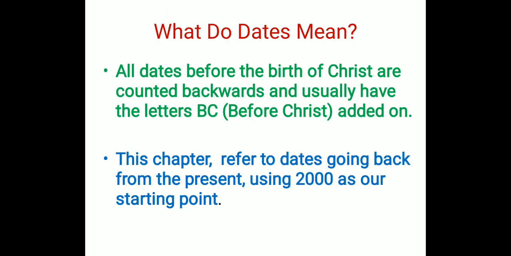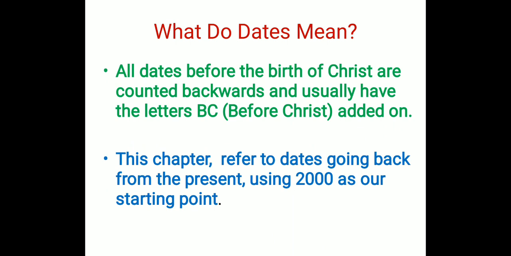All dates before the birth of Christ are counted backward and usually have the letters BC. So all those dates which are counted before the birth of Christ, when there was no Christ born, are counted backward.